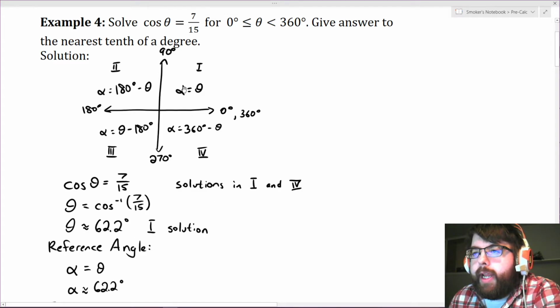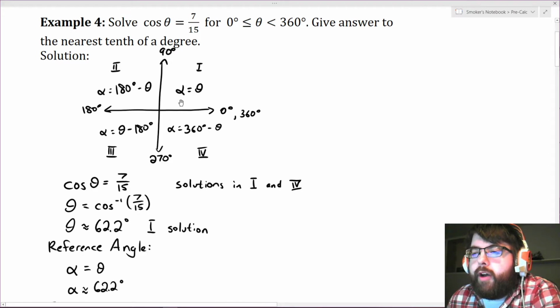is hit in each quadrant, with two quadrants being negative and two quadrants being positive. So there's a reference angle in the first quadrant that these formulas allow you to find in each other quadrant that give you the same ratio. What that means is there's a 7/15 in the first quadrant. There will be a negative 7/15 in the second quadrant, a negative 7/15 in the third quadrant, and a positive 7/15 in the fourth quadrant.